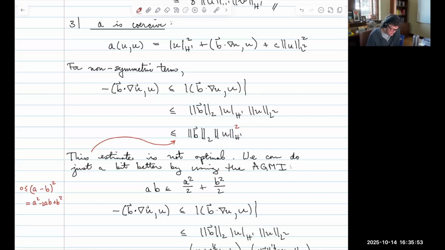Now divide by 2 and move this term over to the other side, and you get the inequality right away. So it's very easy to prove, and very powerful in its use.